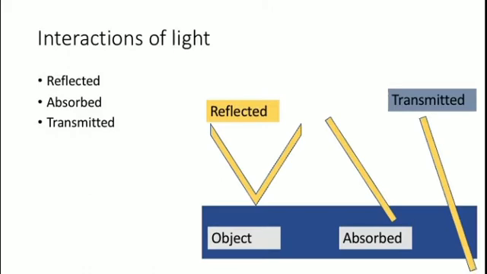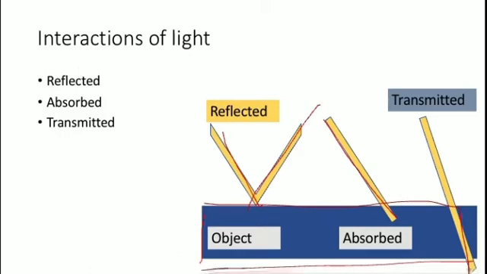Suppose this is a box, the blue one. If the light falls on the object and bounces back, that is nothing but reflection. Some of the light gets absorbed, and the object can be partially seen.